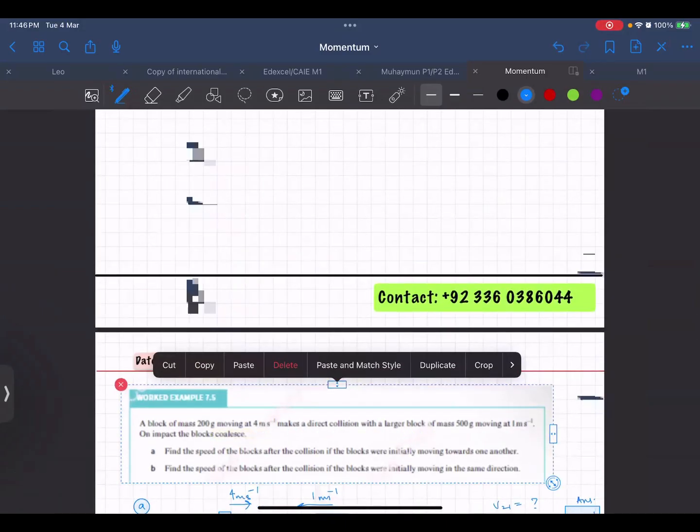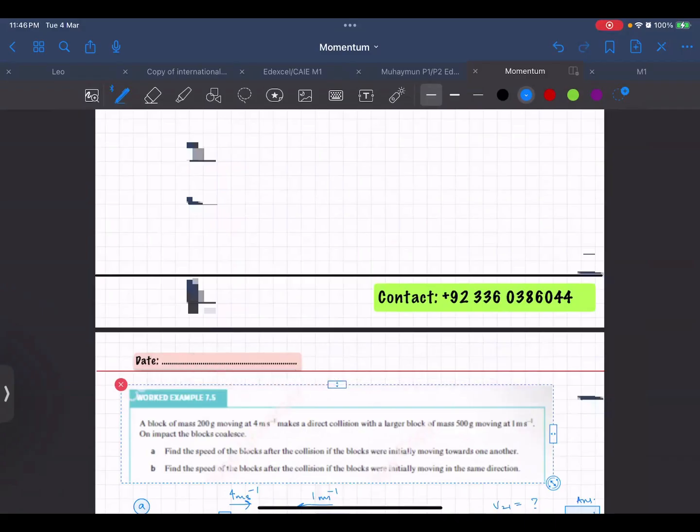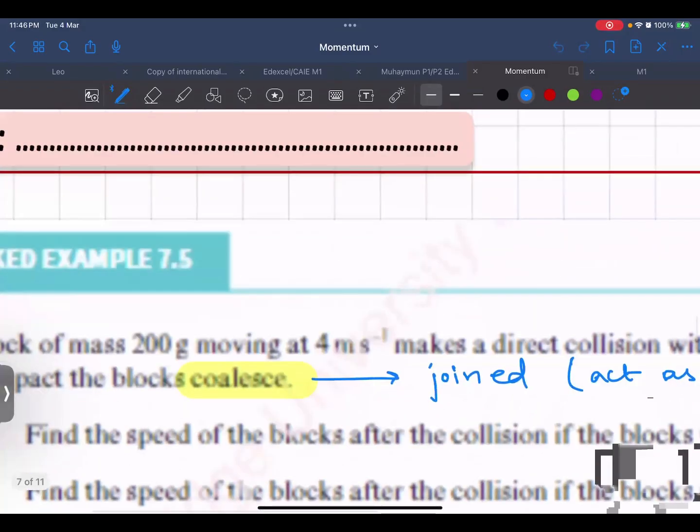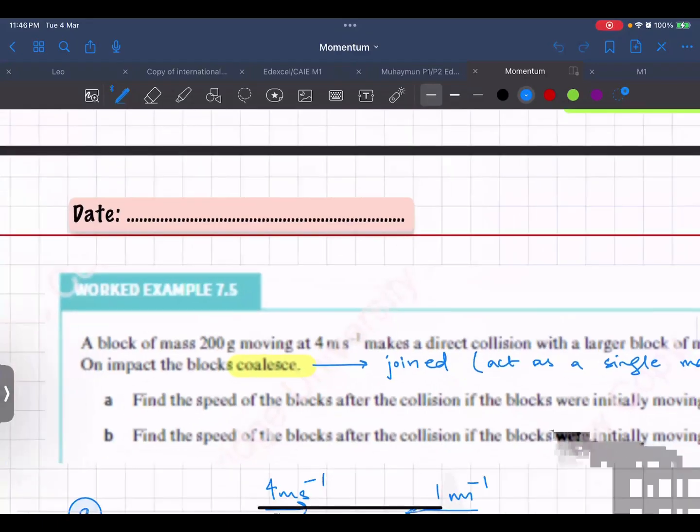There's one more thing: coalesce. They use this word as well. Coalesce is when they join together after the impact. For example, there is a car traveling, and a truck coming in from behind with a very large speed. What would you assume?